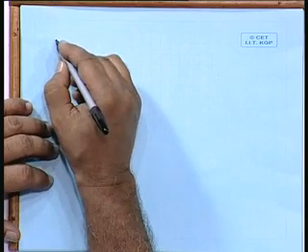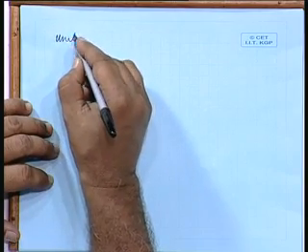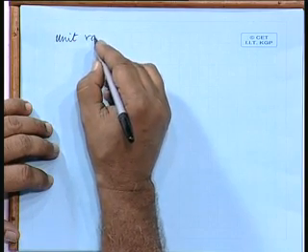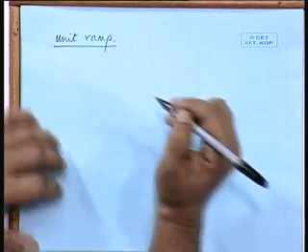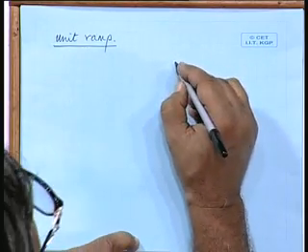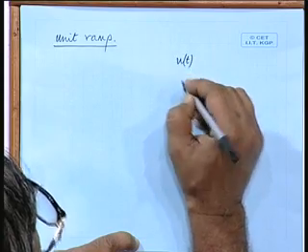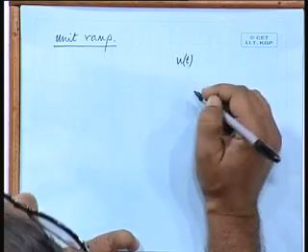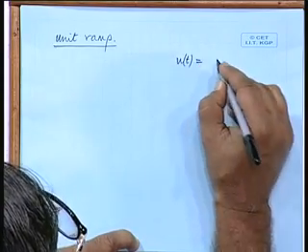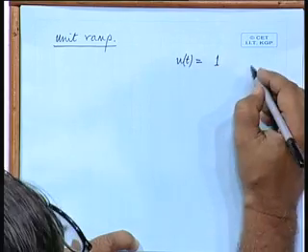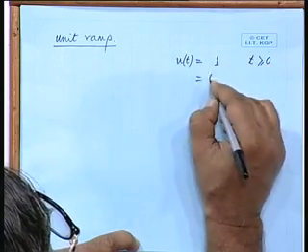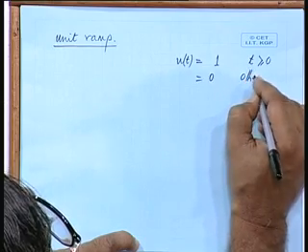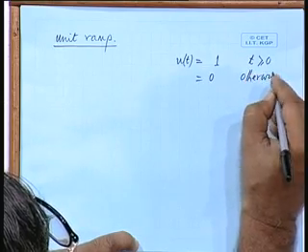Then we have unit ramp. For unit step, we use this notation u(t), that is equal to 1 volt when t is greater than or equal to 0, equal to 0 otherwise, or in the negative region of time.